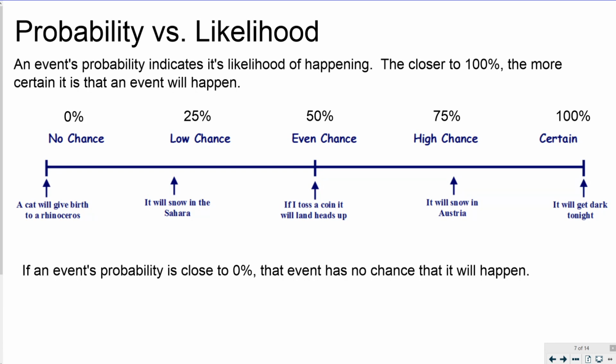At some point, it will get dark tonight. So that is a certainty, and it will happen. If an event's probability is close to zero, that event has almost no chance of happening. So we're talking about a 0% chance, or you're starting to get 1 to 2%. 1 to 2% could happen, but it's incredibly unlikely.